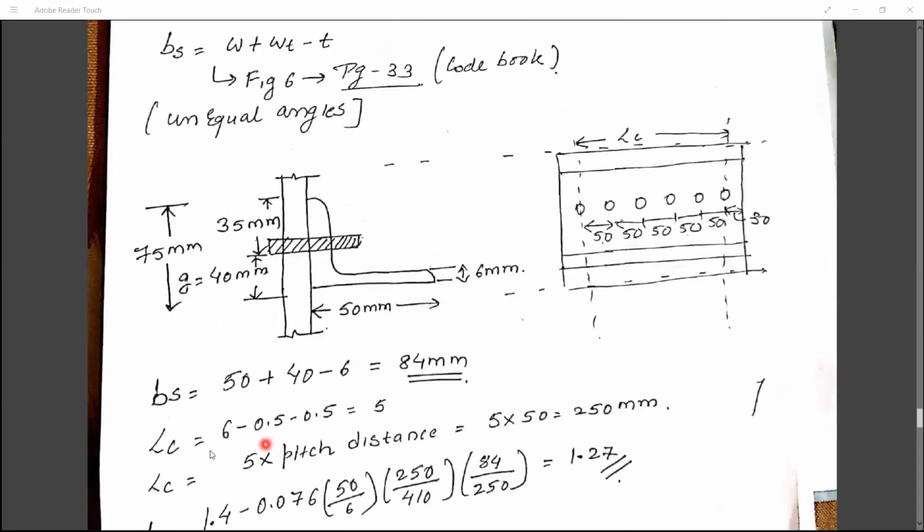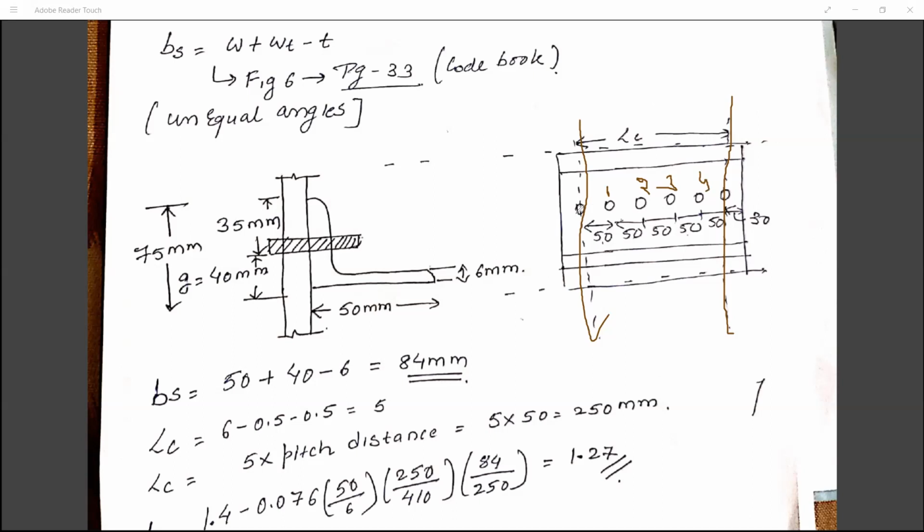So now Lc, how will you calculate? Total are 6 bolts. So we are taking rupture failure at this point also and at this point also. So how many bolts are left over? 1, this is 2, this is 3, this is 4, 6.